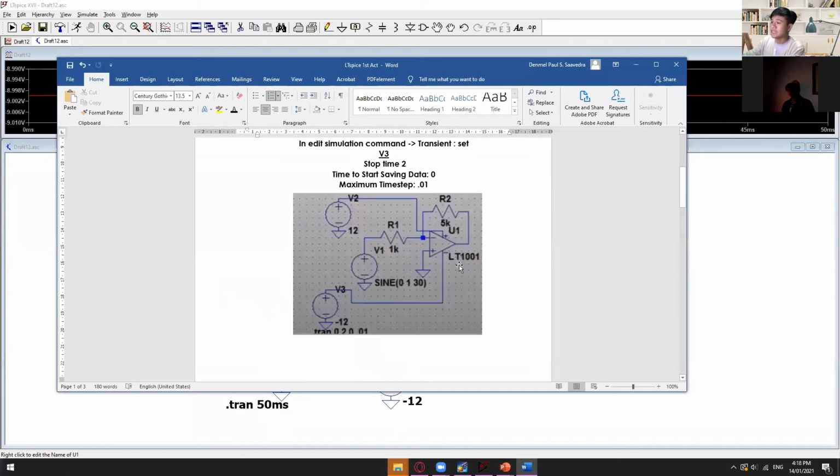Now you will use LT1001, so you should find this model.